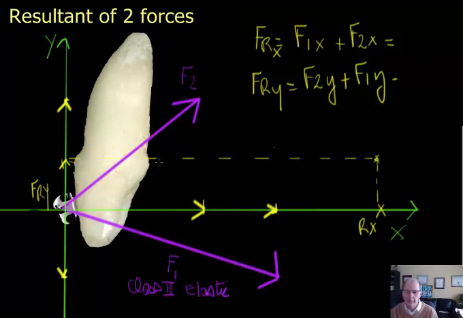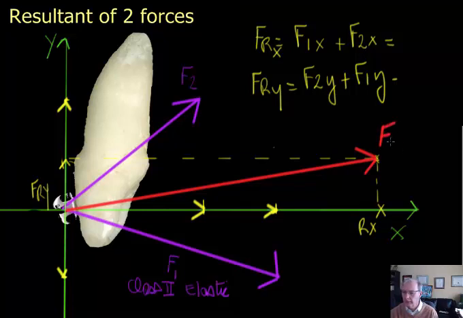Let's use red. And this will become our new arrow, which is the resultant of F2 and F1. So FR right here, FR is right here.